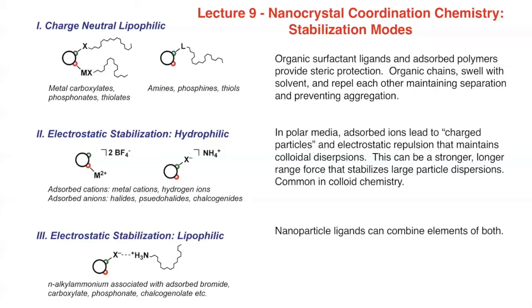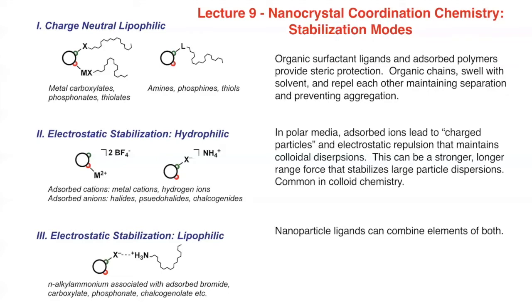If the particles on average have a positive charge close to the surface, two positively charged particles won't get very close. This is very common in colloid chemistry. It's probably the number one way that colloids are stabilized, especially big polarizable colloids like metal particles of gold, for example.